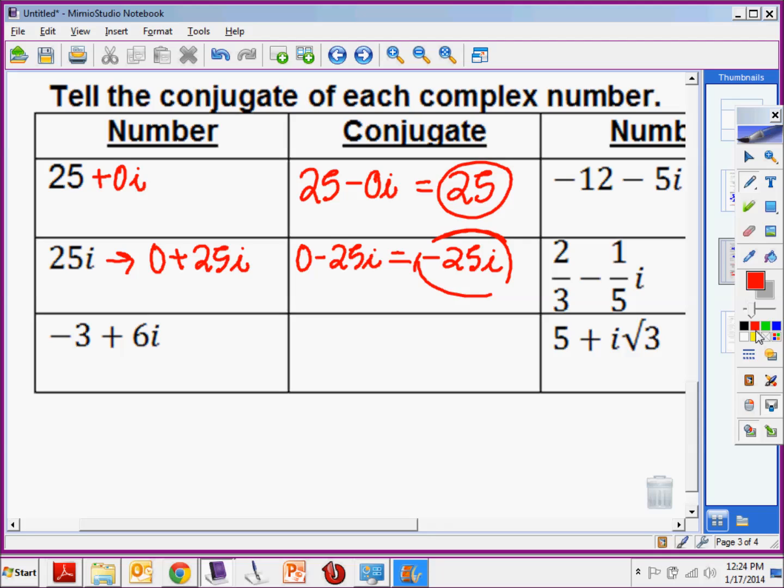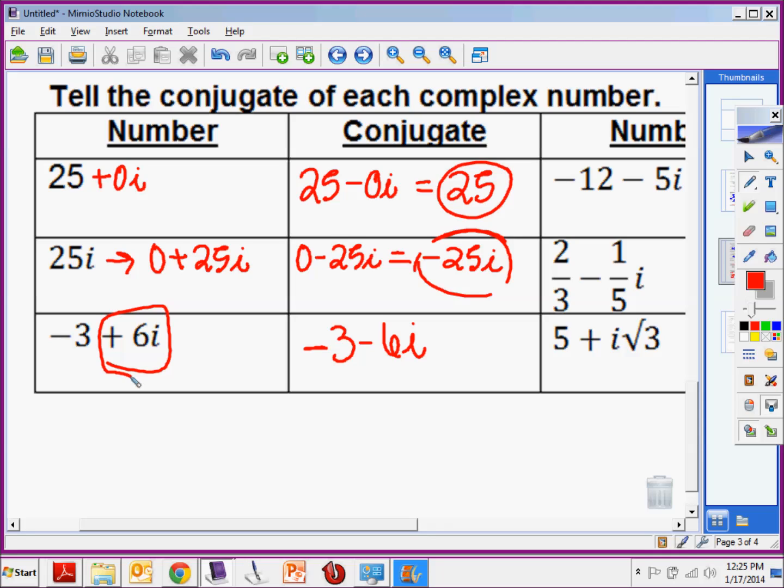What is it? Say it again, Mark. Negative 3 minus 6i. Okay, remember your conjugate only affects the imaginary. The conjugate only affects the imaginary.